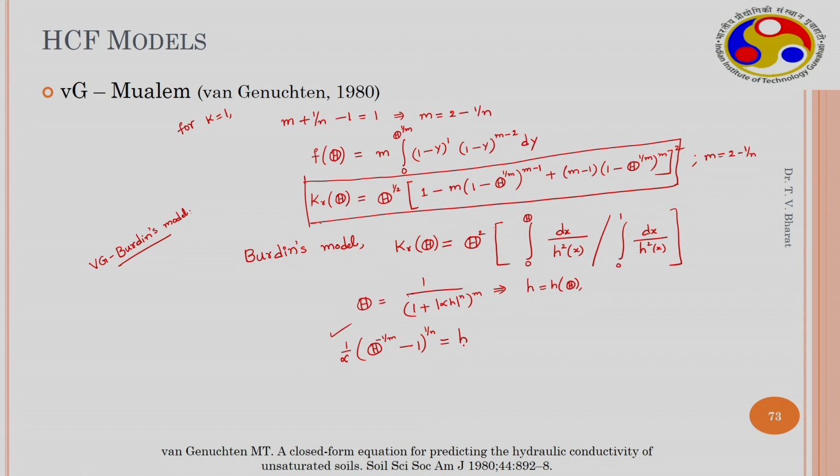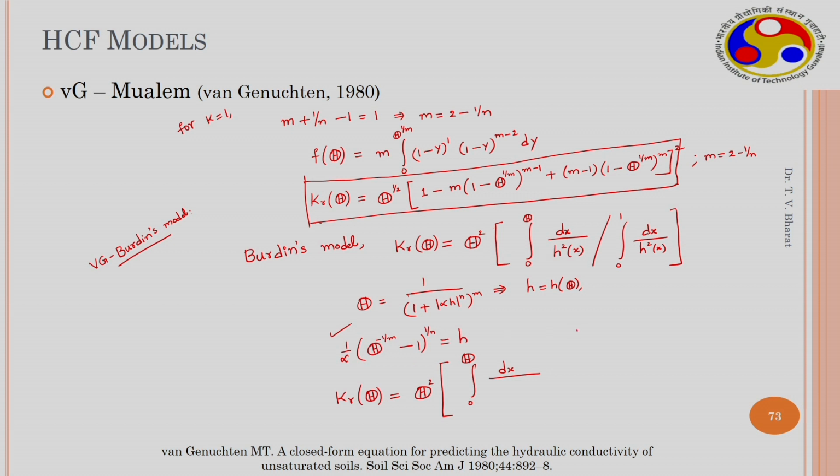So, then if you substitute for h here, kr of capital Theta is equal to capital Theta squared times the integral from 0 to capital Theta of dx by h squared. Anyway, you have the same expression in the numerator and denominator, so the alpha gets cancelled.